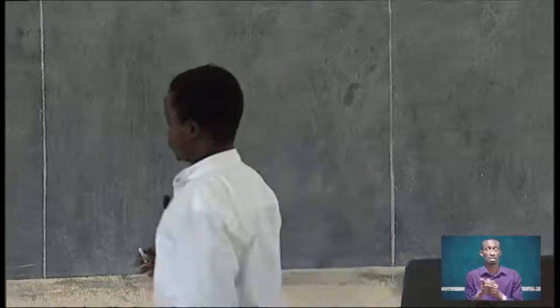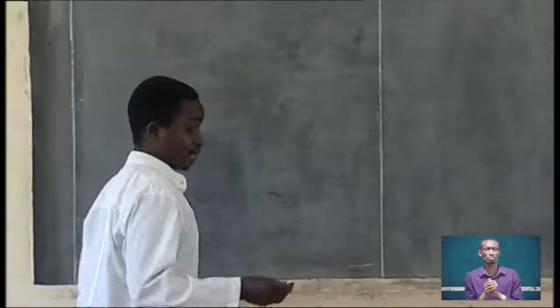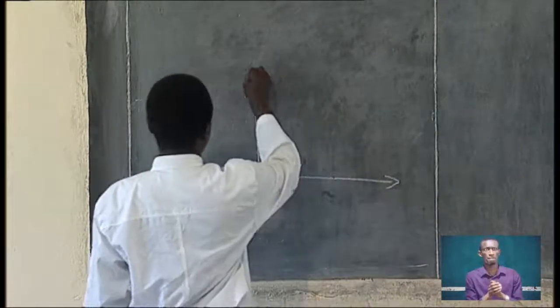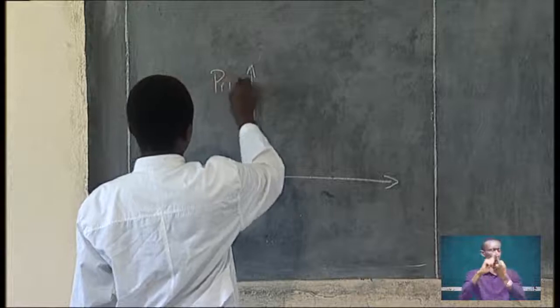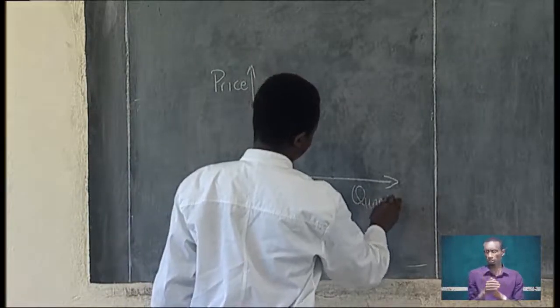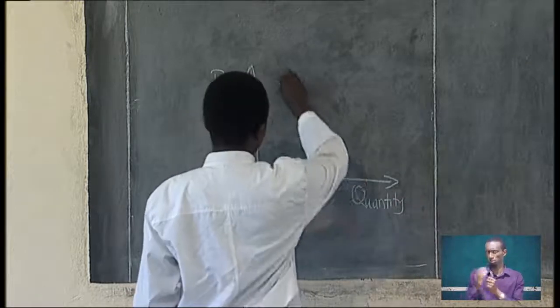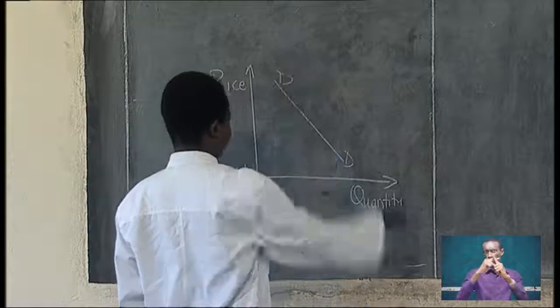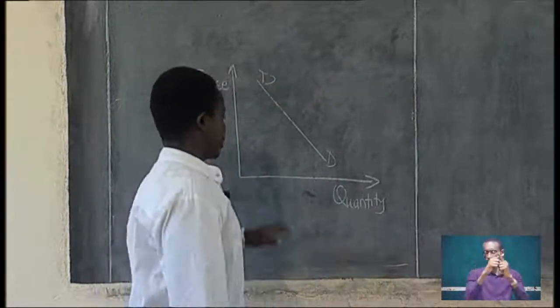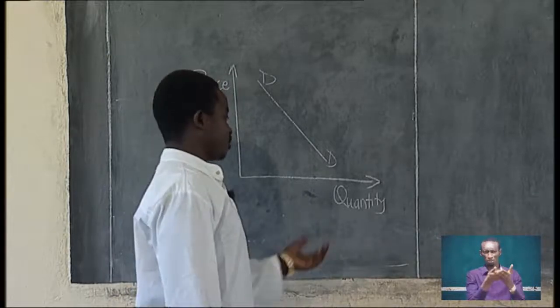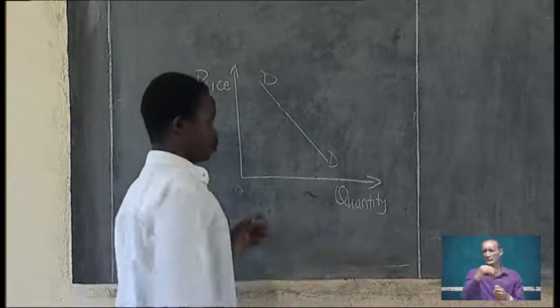So if you draw the curve, with price on the y-axis and quantity demanded on the x-axis, we shall have a downward slope. This will be the slope of the normal demand curve, meaning that as price increases, we expect quantity demanded of the commodity to reduce.